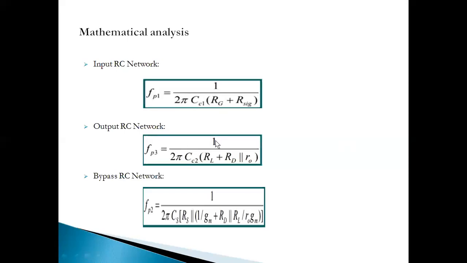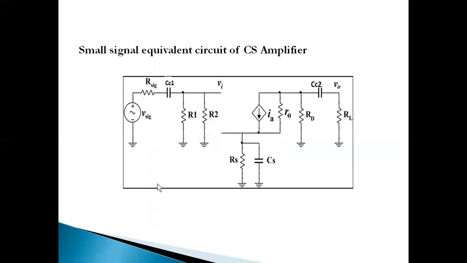So f equals 1 divided by 2 pi, times the corresponding output capacitance CC2, times RL plus RD parallel with R0. Then the bypass RC network is calculated based on the source terminal resistance and capacitance.